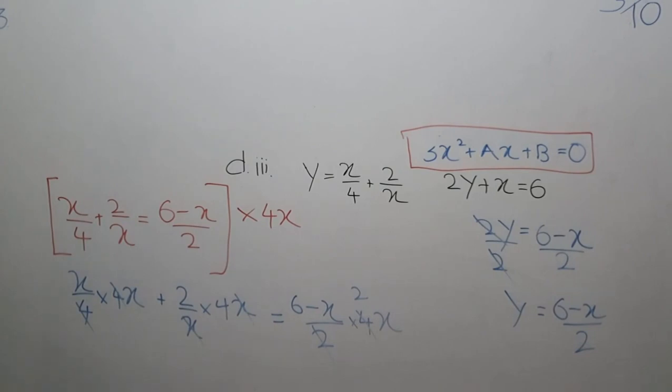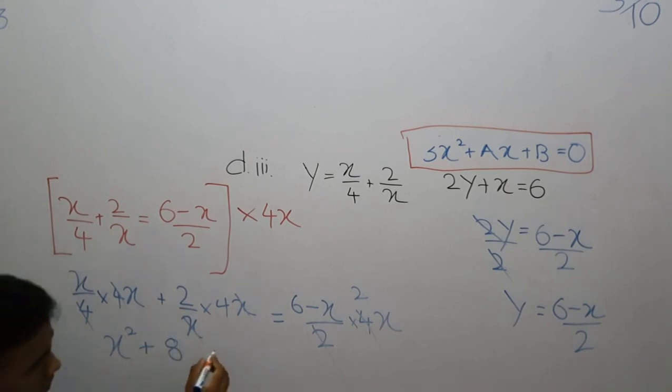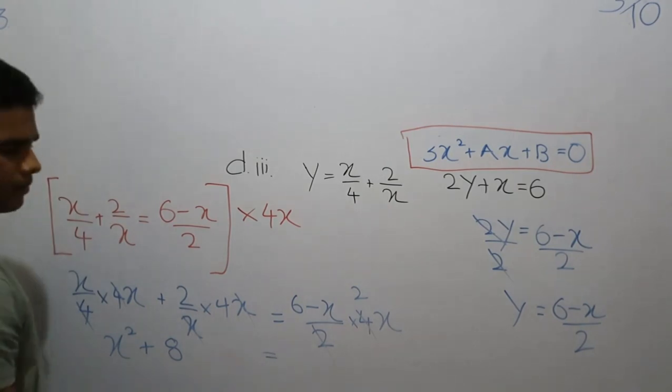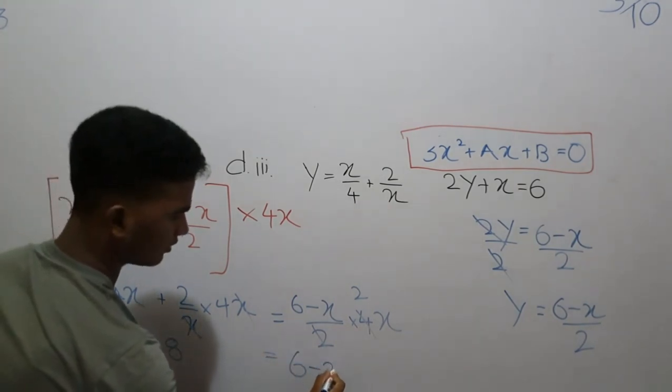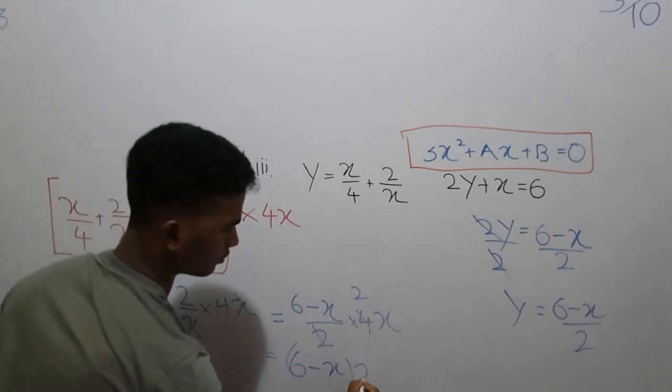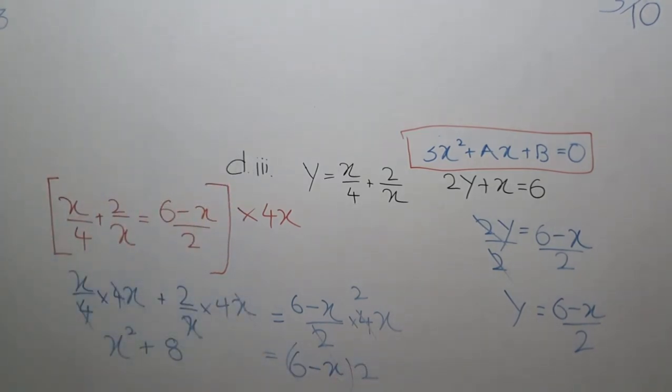So now you are remaining with x into x, which is x square, plus 2 into 4 is 8, equals this equal sign, 6 minus x whole thing into 2. So you are remaining with this.